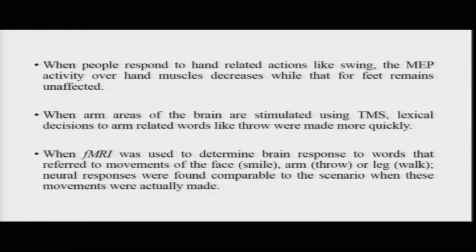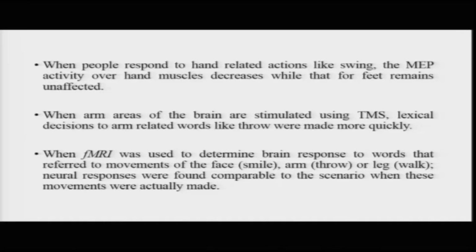Another kind of study: when people respond to hand related actions like swing, cut, etc., the MEP activity, the motor evoked potential activity of hand muscles, decreases, while that for feet remains unaffected. So, if you are talking about hand related action verbs, the MEP activity decreases in the hand muscles because of some kind of preparation probably happening, but it does not remain exactly the same for leg related actions.